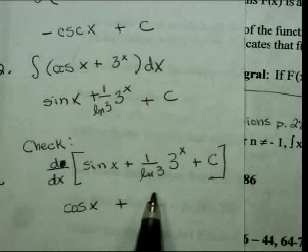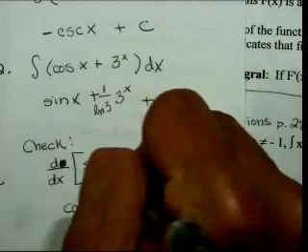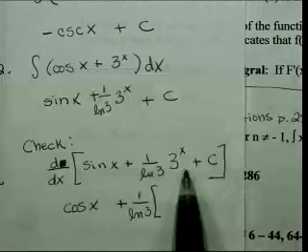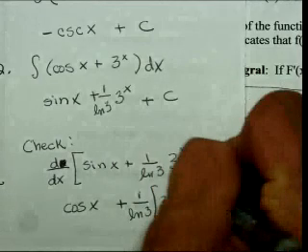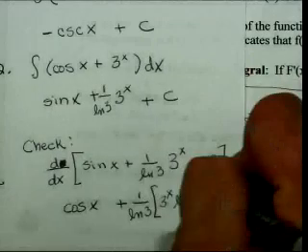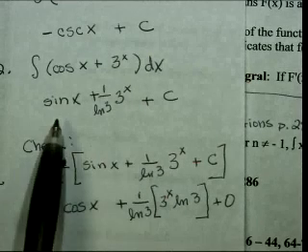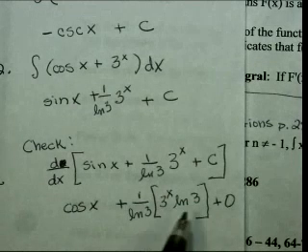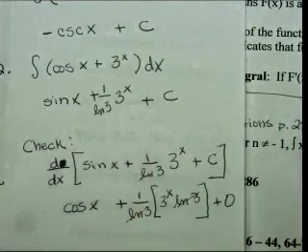I don't know exactly what it is, but it's just a constant, and I can keep up with it while I'm differentiating 3 to the x. The derivative of 3 to the x is 3 to the x natural log of 3. And the derivative of that constant is 0. So is that equivalent to my original integrand? Yes, because the 1 over natural log of 3 times natural log of 3 cancel each other, and there's your original integrand.